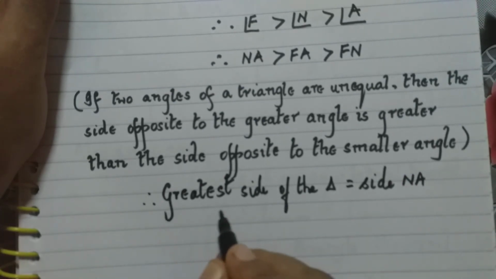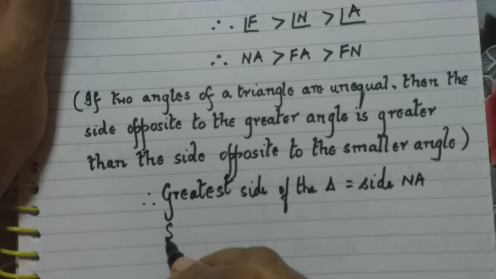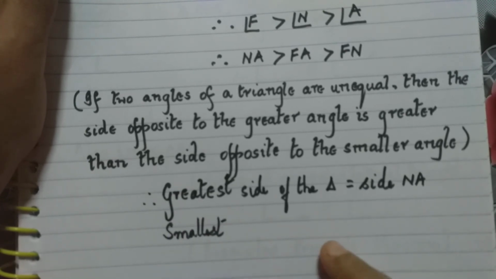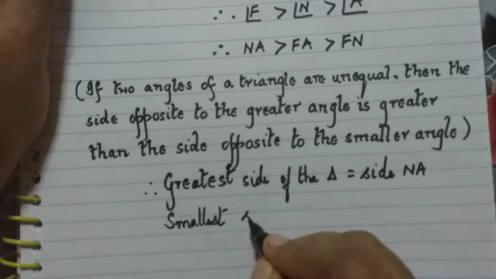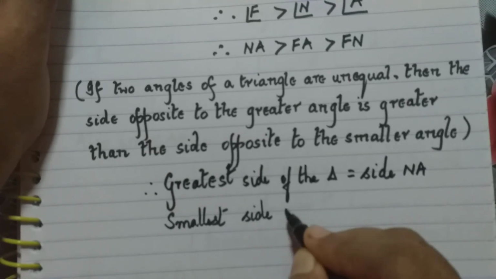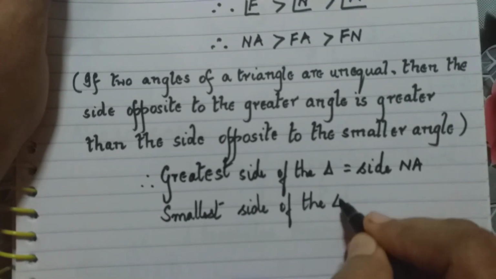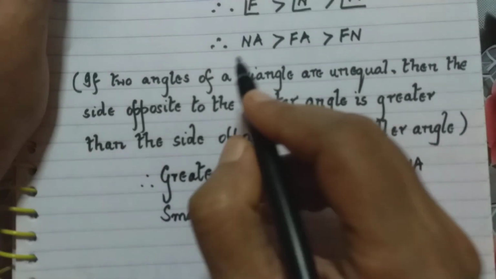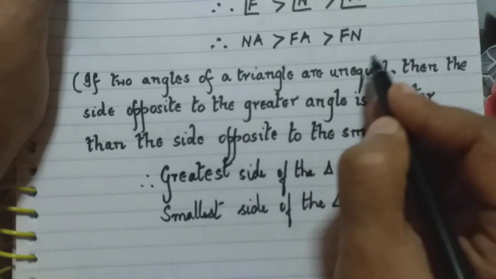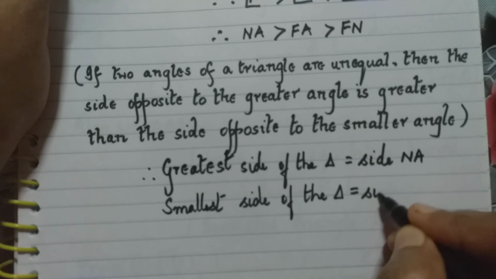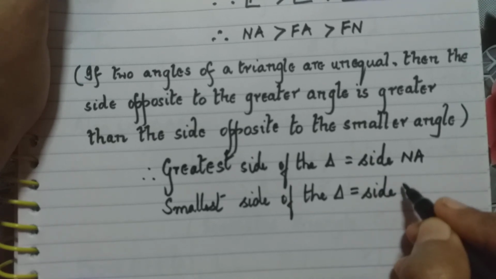Also they have asked the smallest side. So we write smallest side of the triangle is equal to, this is the greater side, so this will be the smallest side, that is side FN.